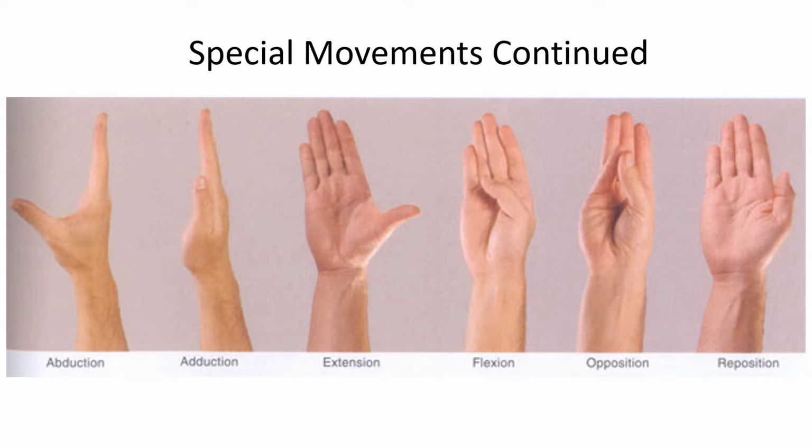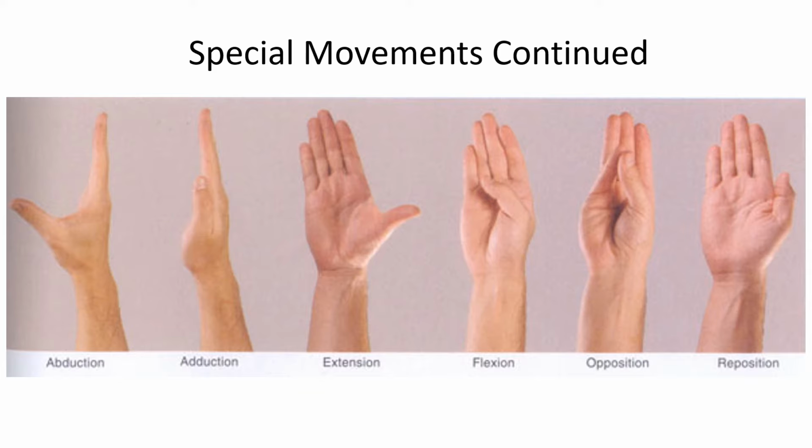Abduction and adduction, when we're talking about the thumb and fingers, occurs within the frontal plane. And extension and flexion of the thumb and fingers occurs within the sagittal plane. And this is the same for the shoulder, by the way. So let's take a look at these examples. In the anatomical position, your palms are faced forward again, and your thumbs are lateral.